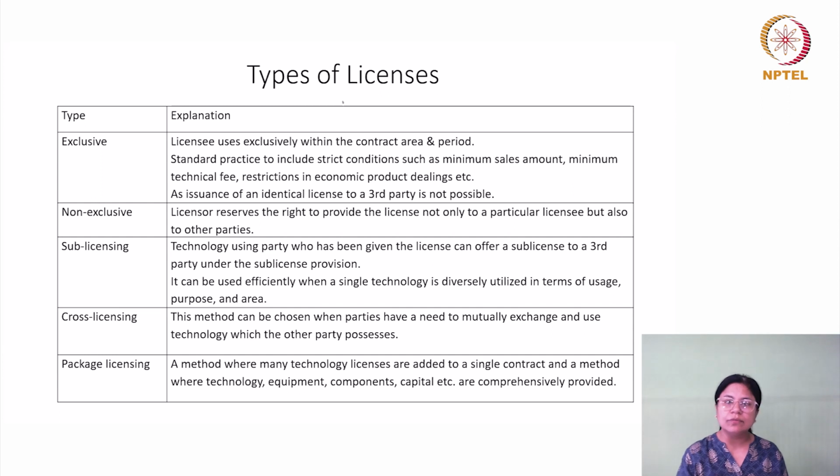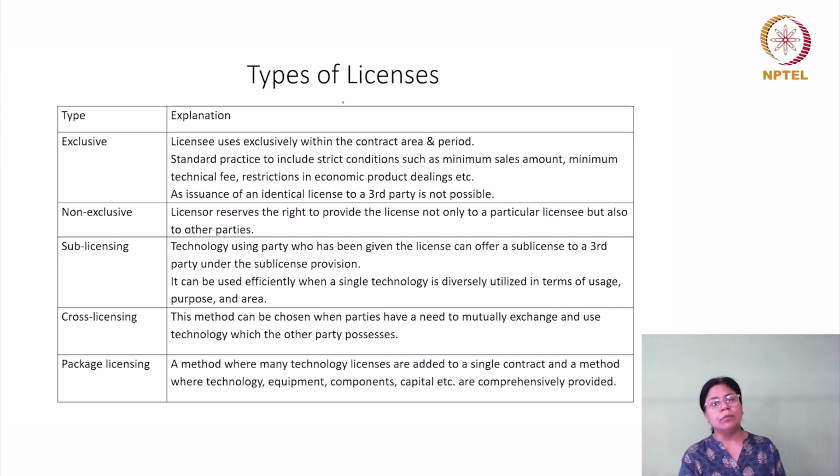So the exclusivity can be related to area, geography or period, or both, depending upon the individual contract terms. Then standard practices, such as minimum sales or the minimum technical fee, would be part of the contractual agreement that will be transacted.